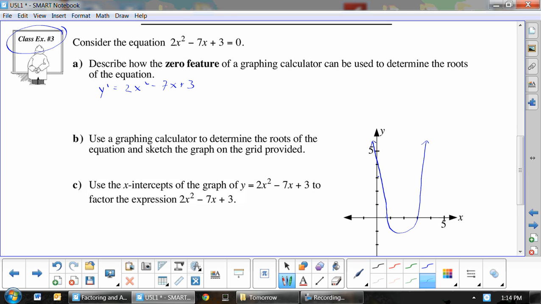So there's two different ways that we can find the zeros or our x-intercepts. The first one is if you use the zero feature of your graphing calculator. So you can press second, trace, and then 2. And you can use this to find the zeros. You'll notice at the bottom of your calculator, it should say left bound, right?